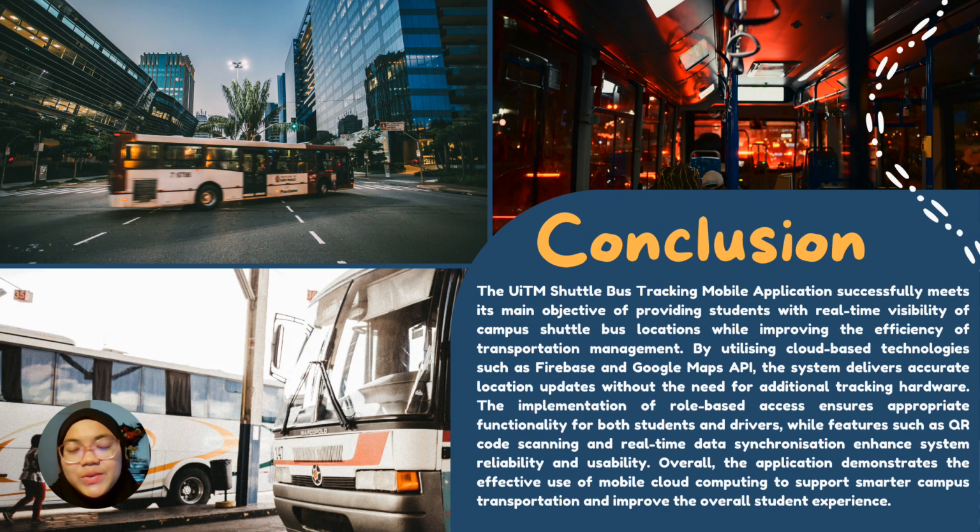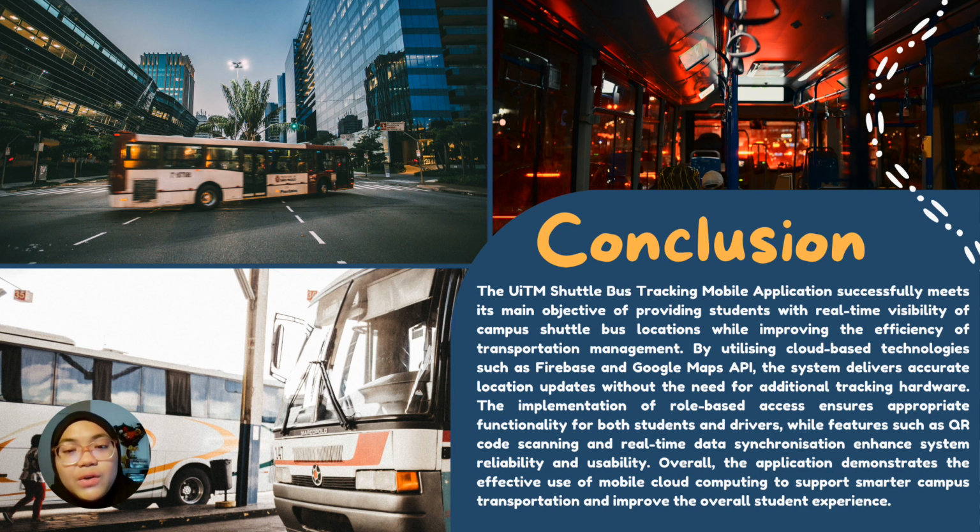In conclusion, the UiTM Shuttle Bus Tracking mobile application successfully meets its main objective of providing students with real-time visibility of campus shuttle bus locations while improving the efficiency of transportation management. By utilizing cloud-based technologies such as Firebase and Google Maps API, the system delivers accurate location updates without the need for any additional tracking hardware.